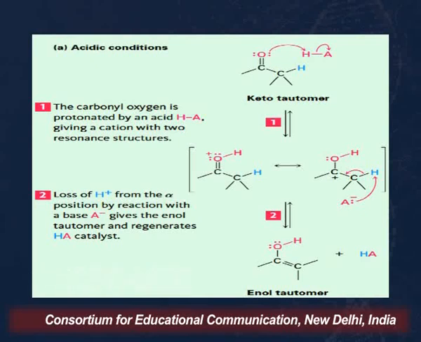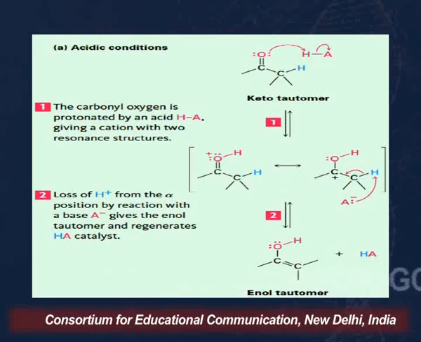Now this oxygen picks up a proton and we get a structure with resonating structures. When you look at them, in one structure oxygen has a positive charge on it, and in the second structure, carbon has a positive charge on it.